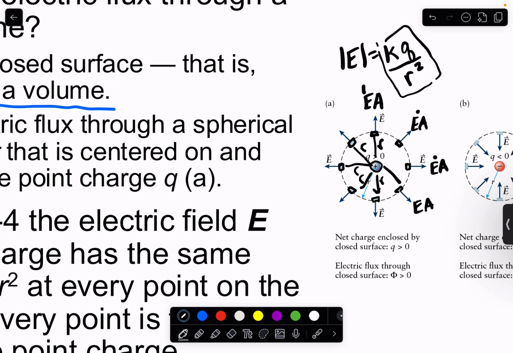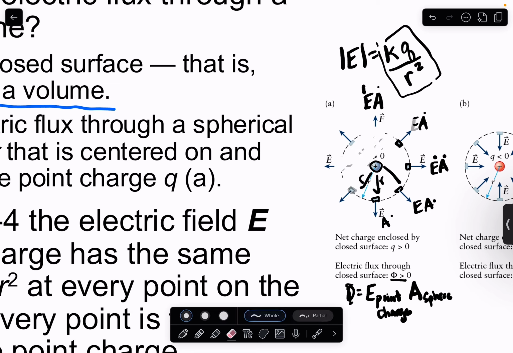It's constant. And then all these A's, if we add them all up, are going to add up to the surface area of a sphere. So the total flux that we would get from this calculation would be E of a point charge times the surface area of a sphere. There's the total flux, and it would be a positive value.